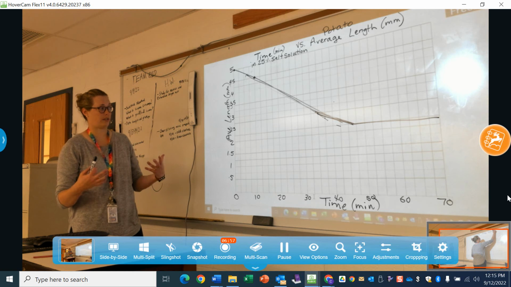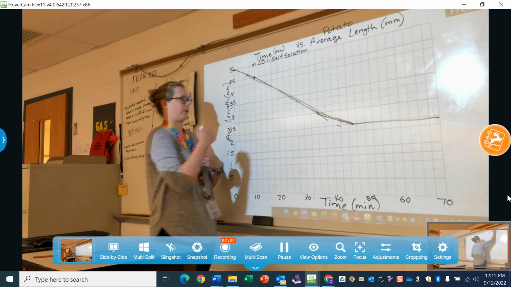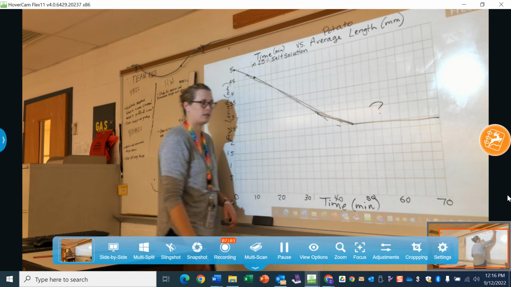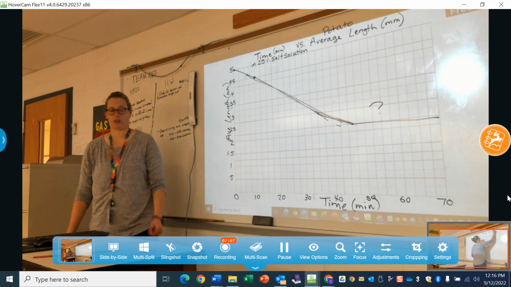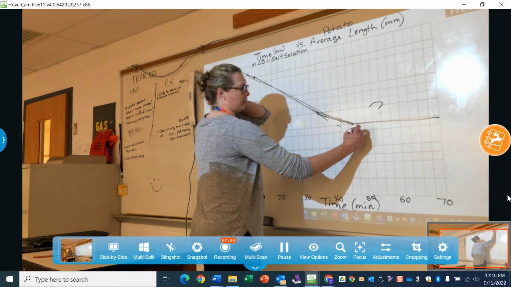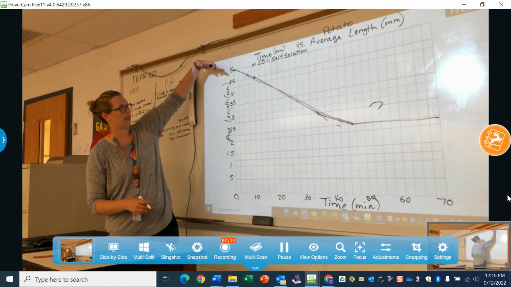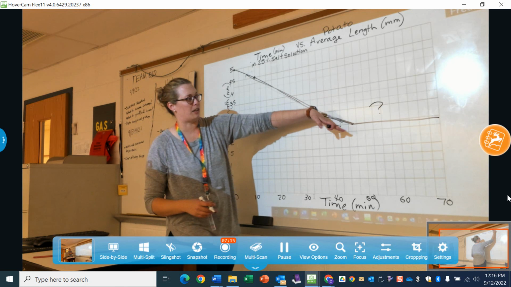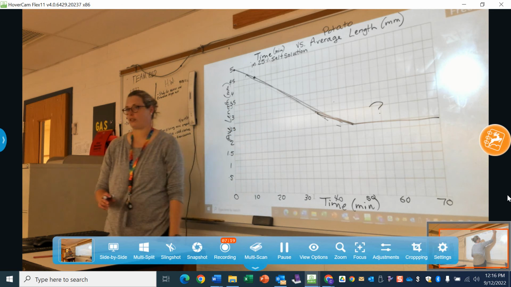Or water loss: the longer it's in the salt solution, the more water is lost. But why does it taper? Here it's reached what we would call an equilibrium. We're going to talk about that when we get to osmosis. Basically, it's losing, and then it doesn't lose anymore. It stays consistent through time.